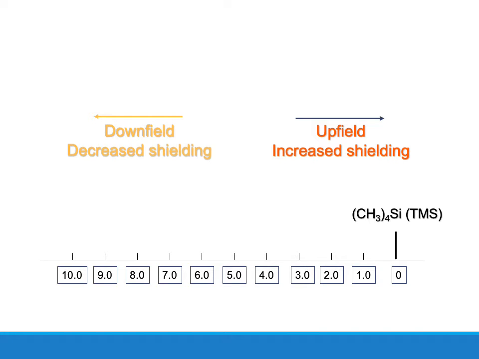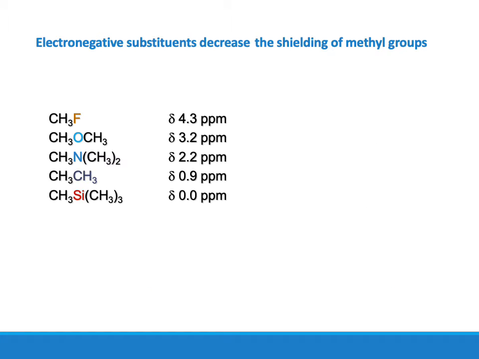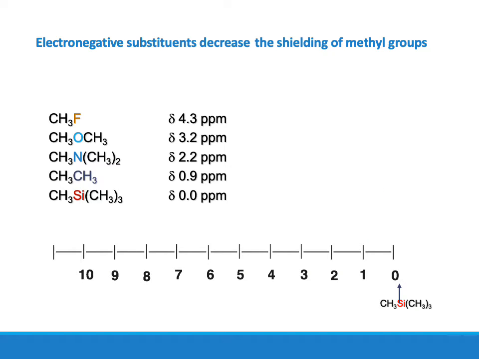We have zero for the TMS that we defined, and you see that here the electronegative substituents decrease the shielding of the methyl group. See how they are different.